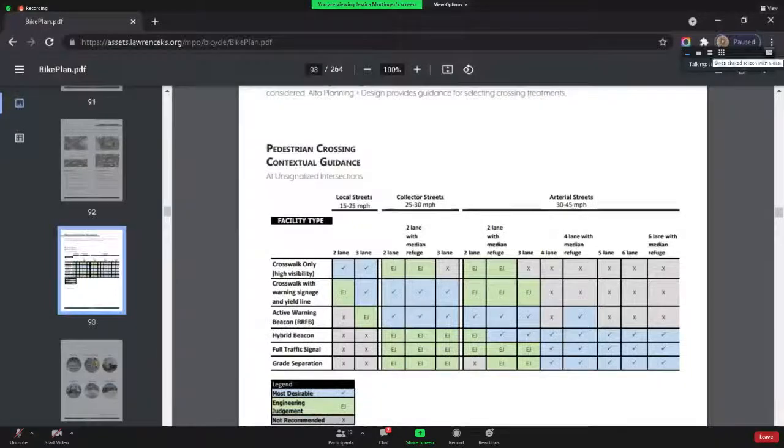That would be a good example of where we did an improvement at an unsignalized place by putting in a signal that has special things. The NACTO guide for signalized intersections has things like specific bike crossings and bike boxes, and we've used those in a few instances. That guidance exists, but it's not a checklist like this. It's more about design criteria that can be chosen when a project is implemented.